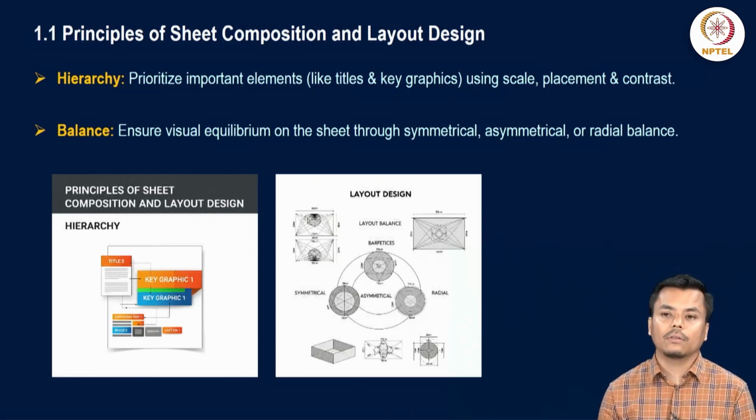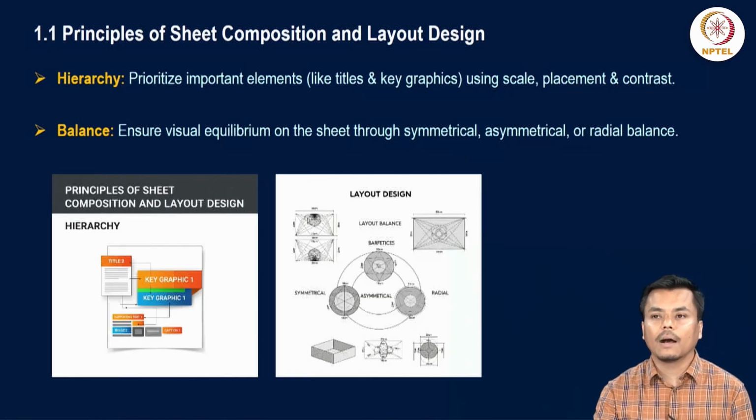How this information is presented, using different colors and the size of the font, becomes important in this case. Next is balance, which ensures the visual equilibrium on the sheet through symmetrical, asymmetrical or radial balance composition that is adopted in the sheet layout.